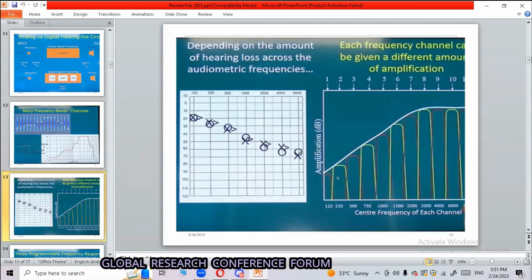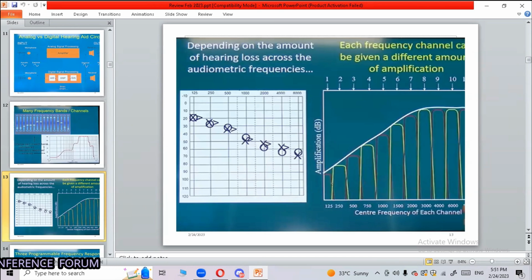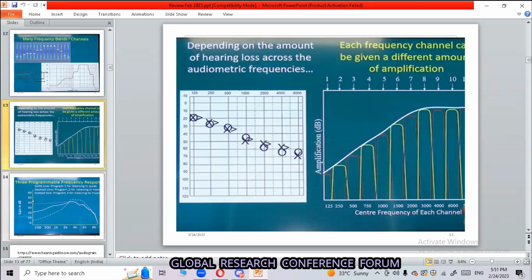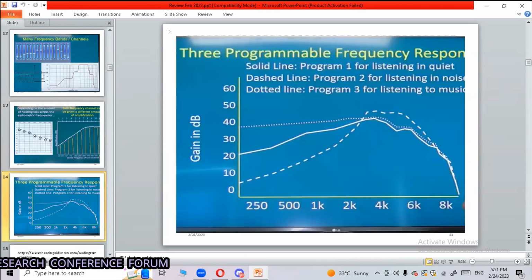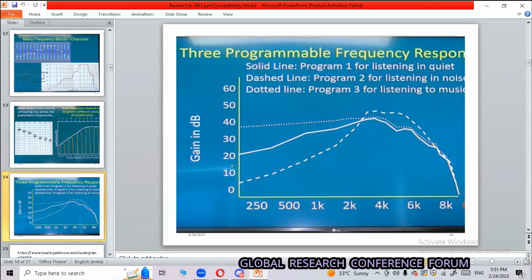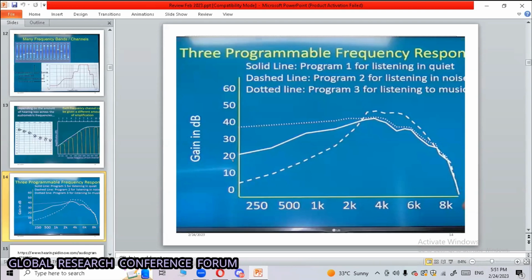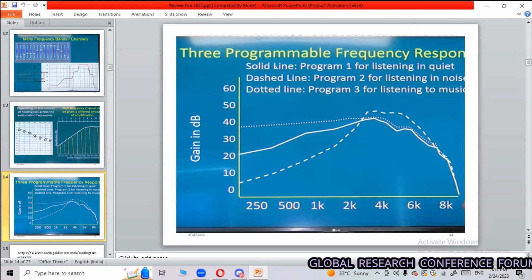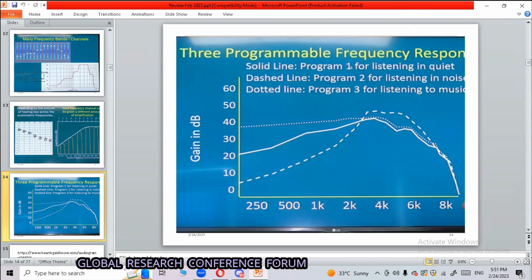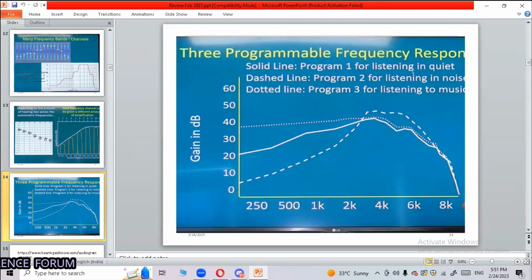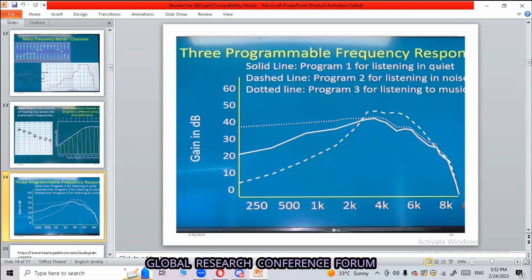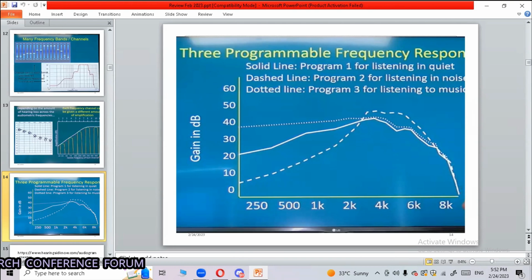Here again we have compared the earlier two graphs. If we overlap them, it will look like this. Here we have shown three programmable frequency responses. I have plotted the first response at 0 to around 20 dB gain, and then 30 to 40 in this range. The solid line, program 1, is there to listen to quiet sounds, like the chirping of a bird.